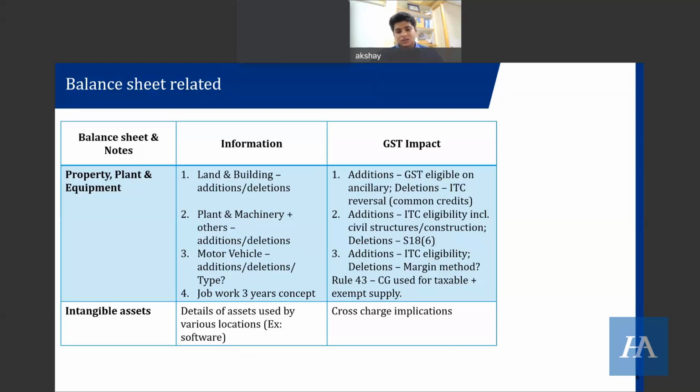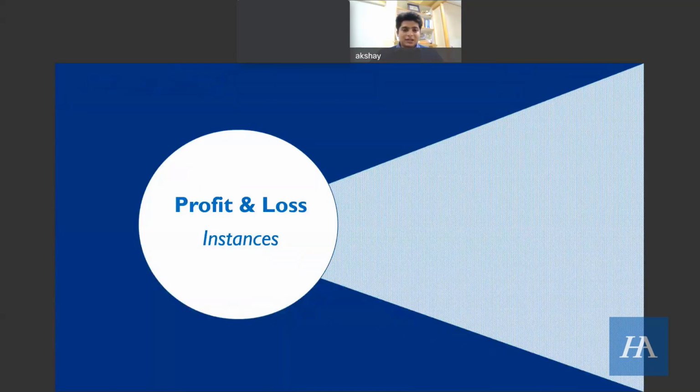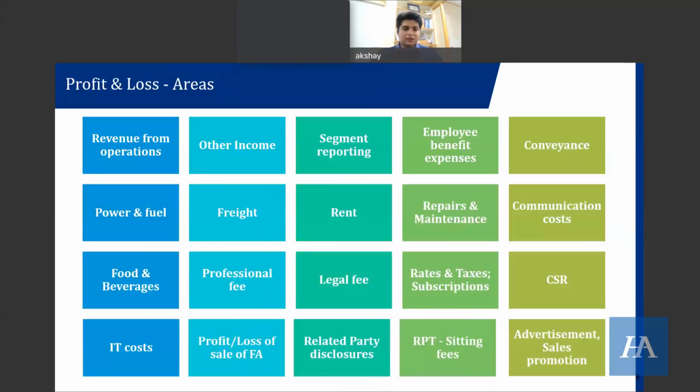Then the cross charge implication may arise, wherein they need to cross charge for utilization of the software by other branches. So this is again a GST implication, which ideally is revenue neutral, wherein you would not have to pay the tax because the credit will be claimed by the other units of the same PAN. But in the event you do not disclose these cross-charge transactions, then there could be a tax cost.